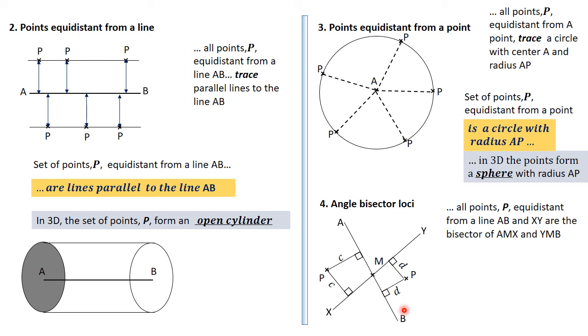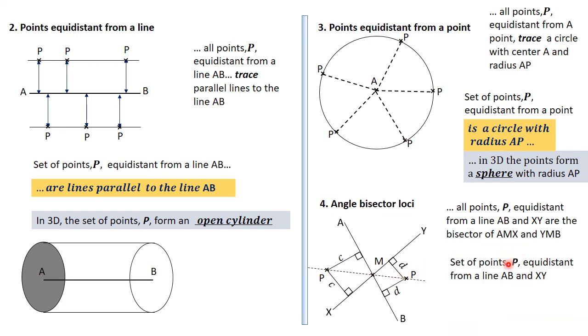All of them joined form the angle bisector, the bisector of the angles AMX and YMB. This line here, with many points P joined, would form the bisector of those two angles, AMX and YMB.